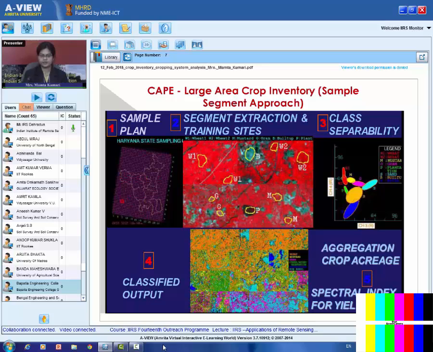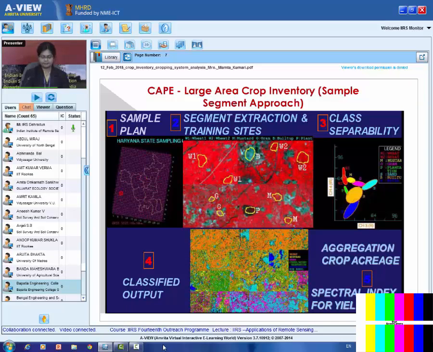If the area is heterogeneous, this means many crops are growing in that area, or there is large heterogeneity because of sowing and harvesting rate, then one must go for a small sample segment size, like 5 km by 5 km. All those sample segments are overlaid over the strata, and on the basis of a random number table, some of the sample segments are selected.